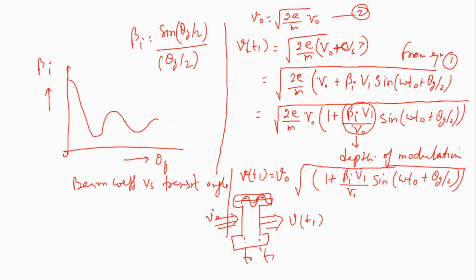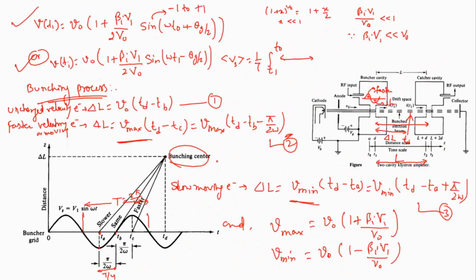So we solved for the velocity equation V of T1, and after that we saw how maximum velocity and minimum velocity can be found, so that velocity modulation takes place here. This modulation is nothing but the velocity being either unchanged or varying depending on the sinusoidal signal which is applied at the RF input.